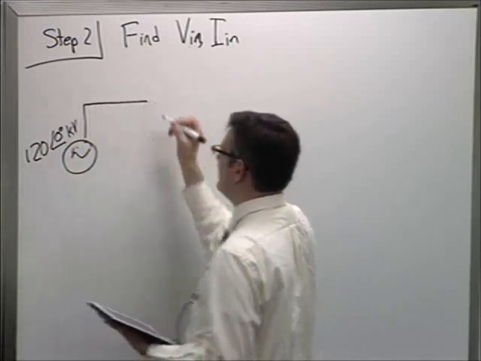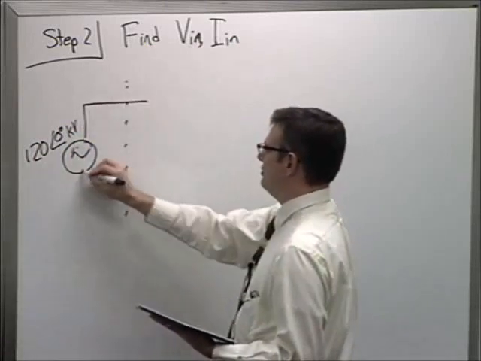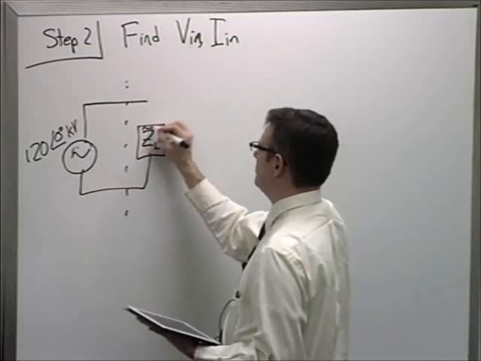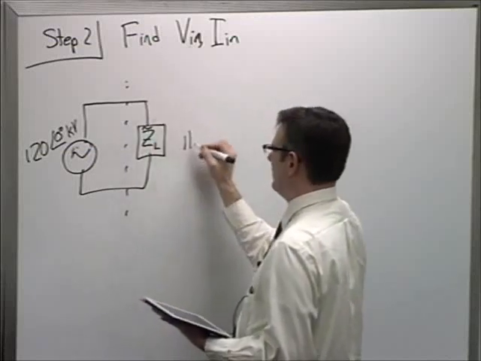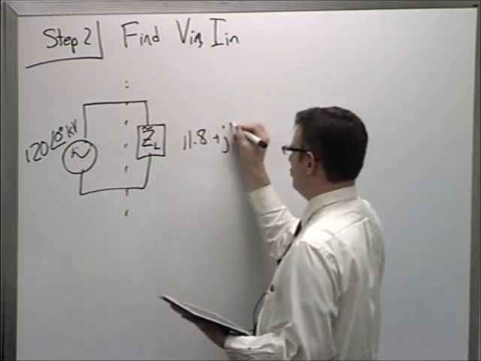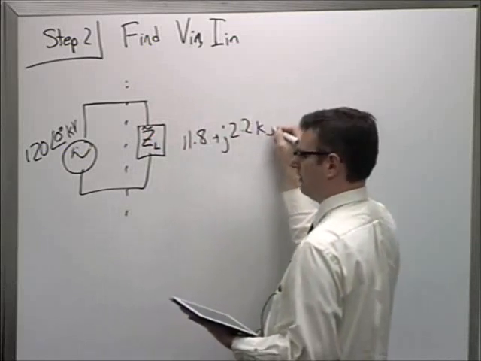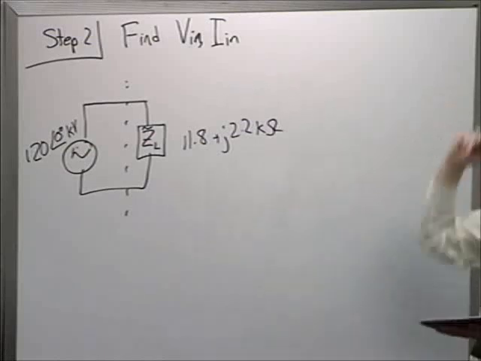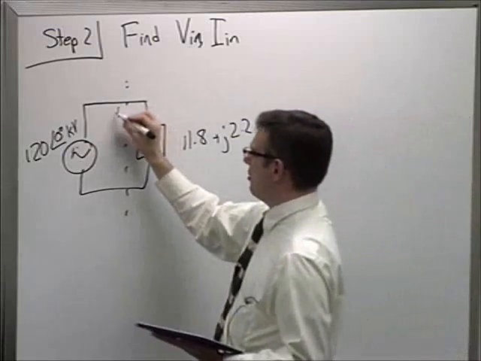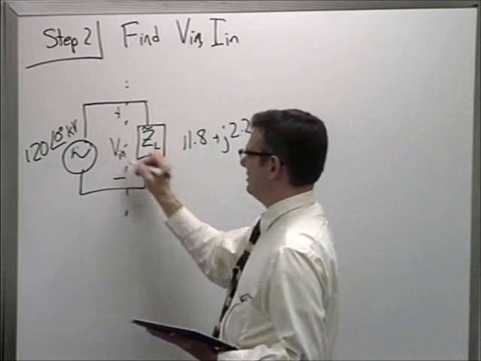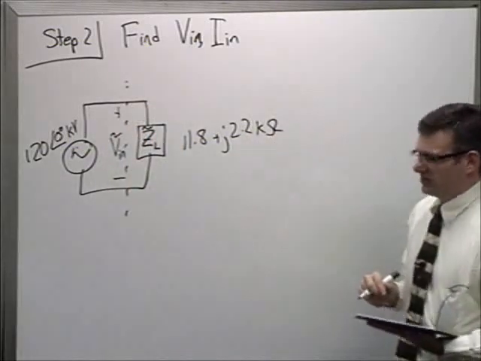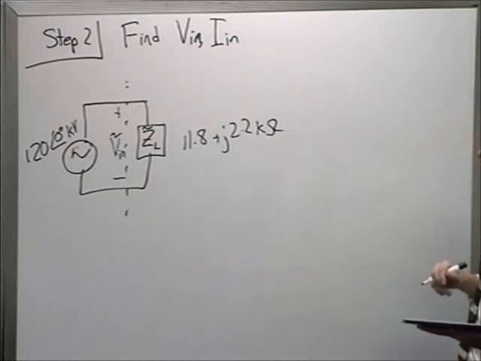And it is now connected to a transmission line whose Thevenin equivalent impedance was just calculated to be 11.8 plus j 2.2 kiloohms. And this becomes a simple Ohm's law problem. We already know what Vin is. I didn't put a source resistance in this problem. In reality, there would be a source resistor here, but I'm trying to take it easy on the math here.